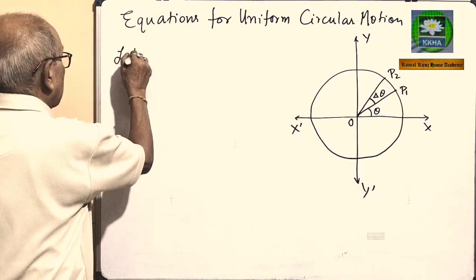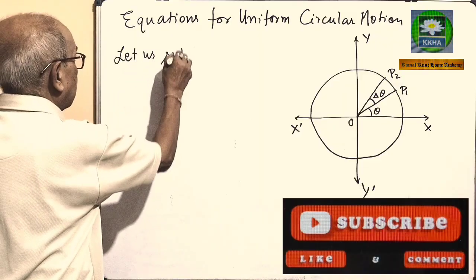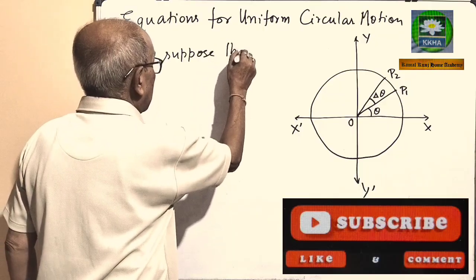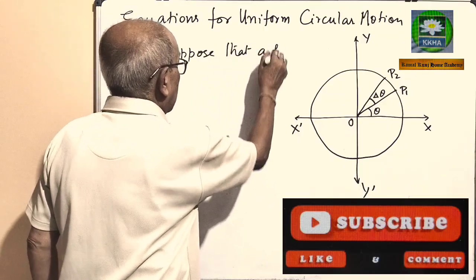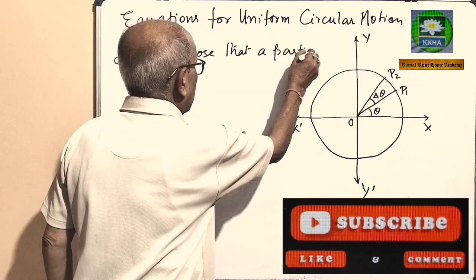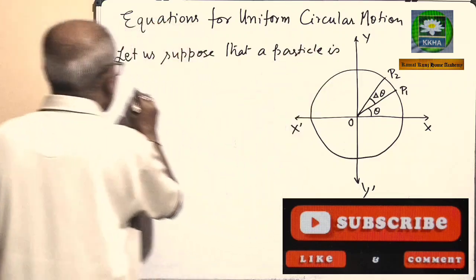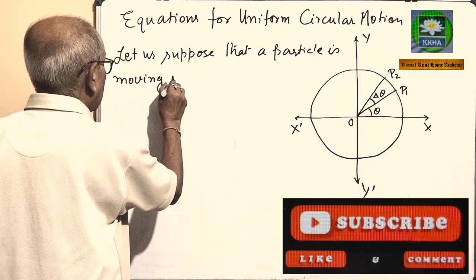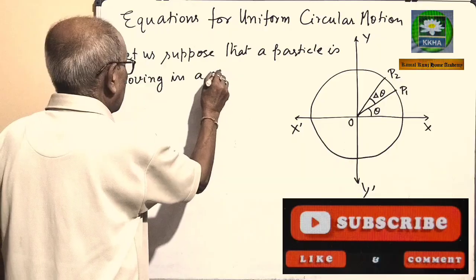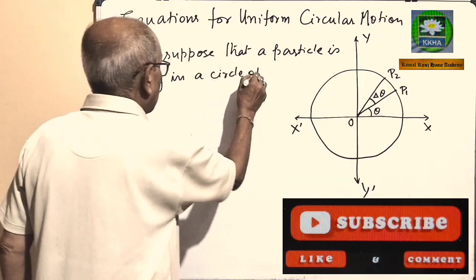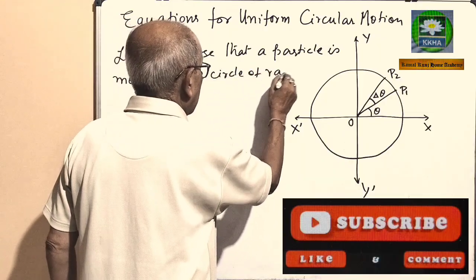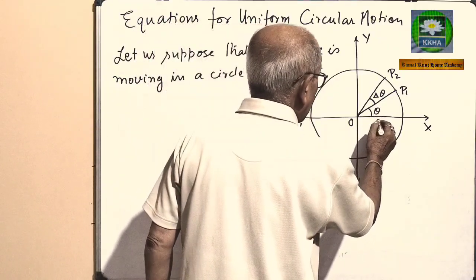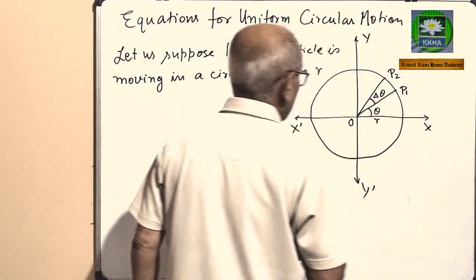Now, let us suppose that the particle is moving in a circle of radius r. Radius is r.